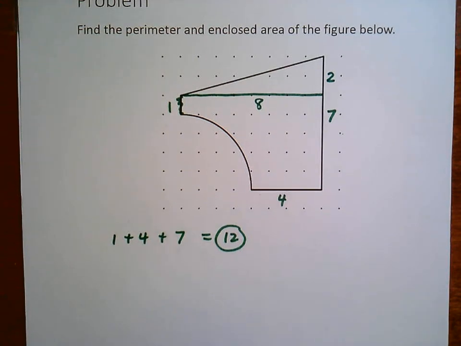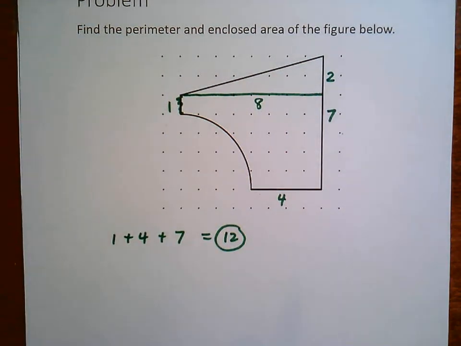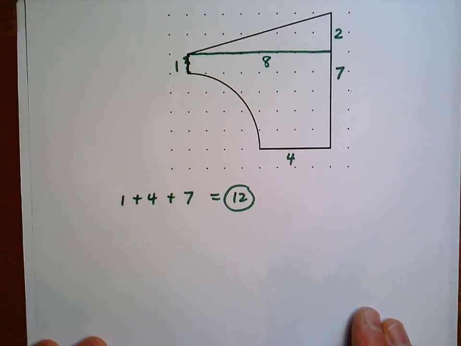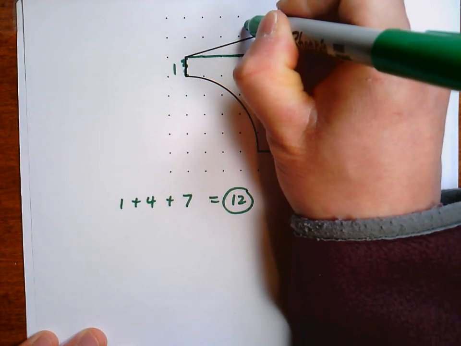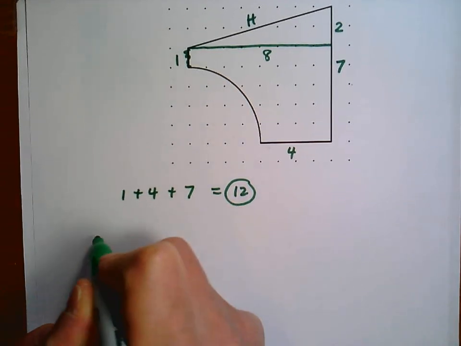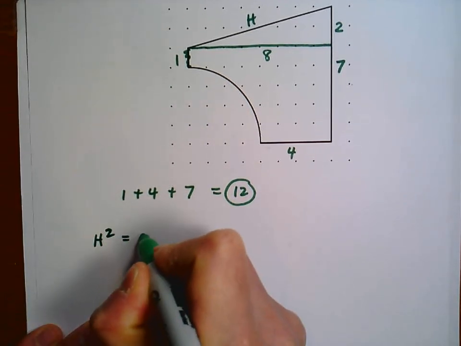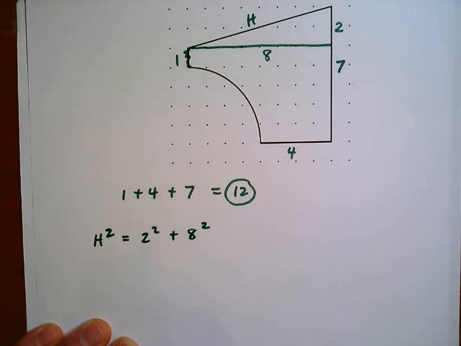So here, we're going to borrow the Pythagorean theorem to get the length of that diagonal. So we should do that work. The two legs here are 2 and 8. If you want, you can call this h for the hypotenuse. So let's go through this work. h squared equals 2 squared plus 8 squared.